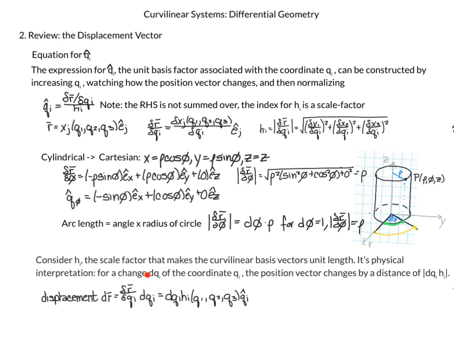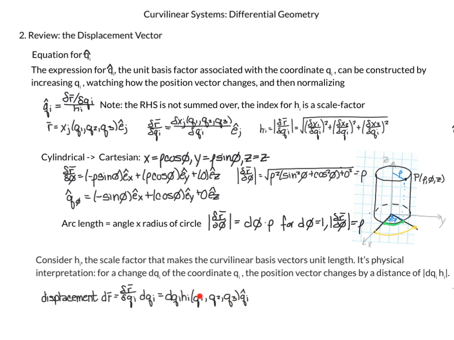For a small change, delta q sub i of the coordinate qi, the position vector changes by a distance of the absolute value of delta q sub i times hi, which means our displacement vector, if we move this delta qi, we need to multiply our dr, the partial derivative of r with respect to our ith coordinate, which is equal to our small displacement times our h of i times qi.